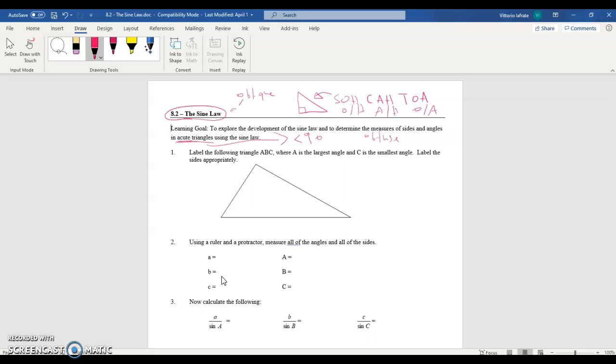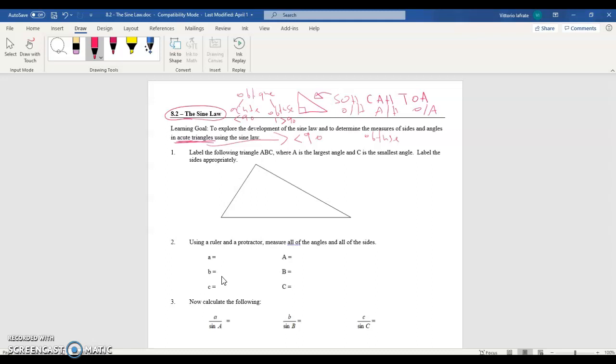And of that you have acute, which means everything is less than 90. And then you could have obtuse, which means one angle is more than 90, and the rest are less than 90. We're going to be focusing on acute triangles for the most part of grade 10. We will see an example with obtuse, but acute is what we'll be focusing on primarily.